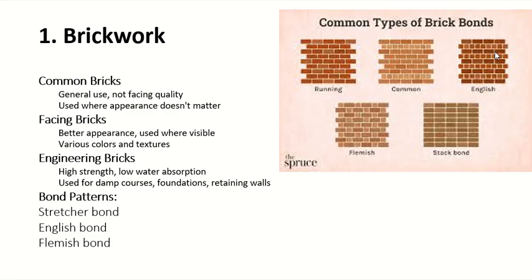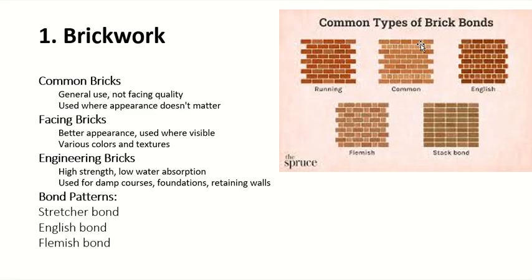In the common bond, English bond, and Flemish bond, you can see all bricks are not facing lengthwise. For example, in the common bond, in the top row you see the longer dimension, and in the second row you see the shorter dimension.